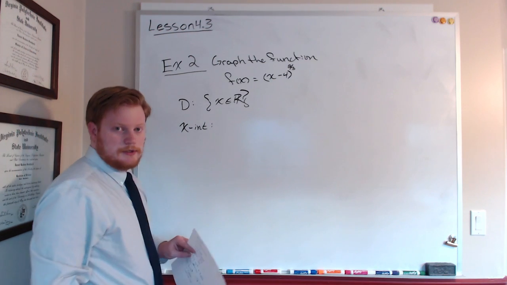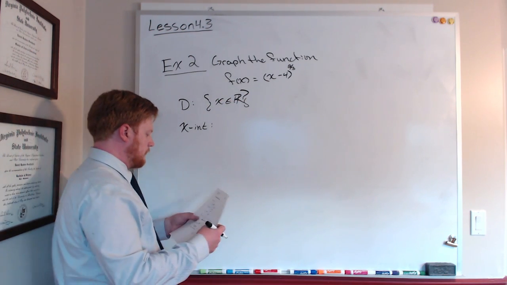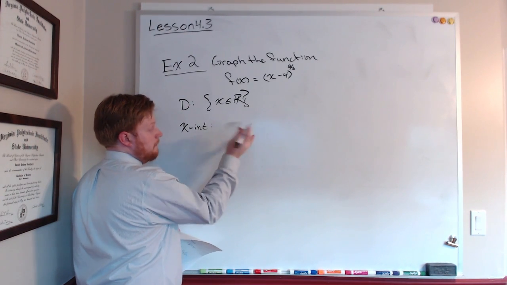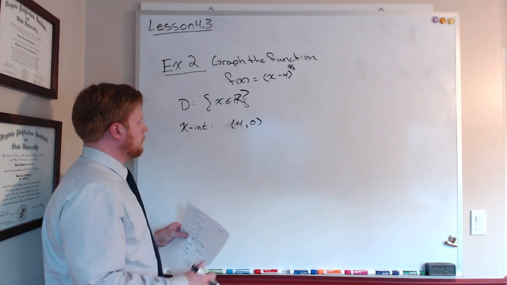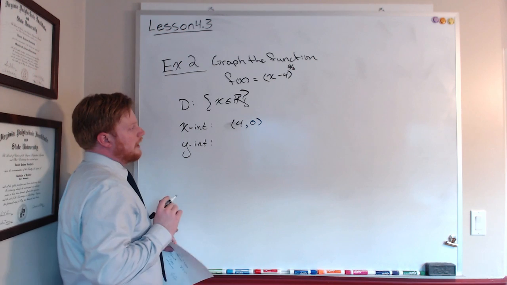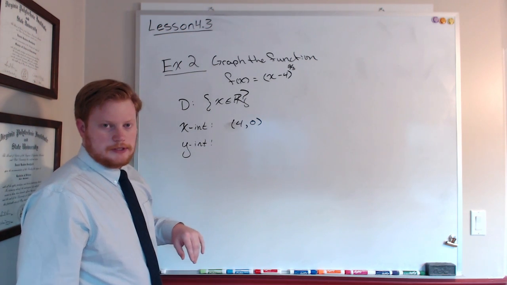The x-intercept is where this is equal to 0, and that's going to be 4. The y-intercept is what I get when I let x equal 0.